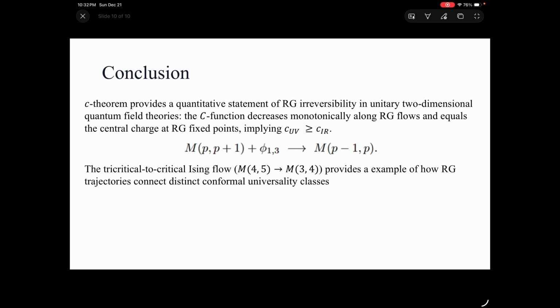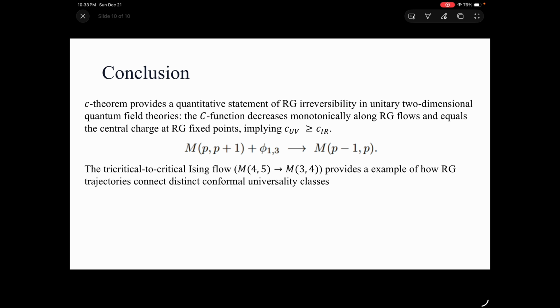This is the conclusion. First, we introduced the 2D CFT and Virasoro algebra. We know the primary operator and the Virasoro generator.